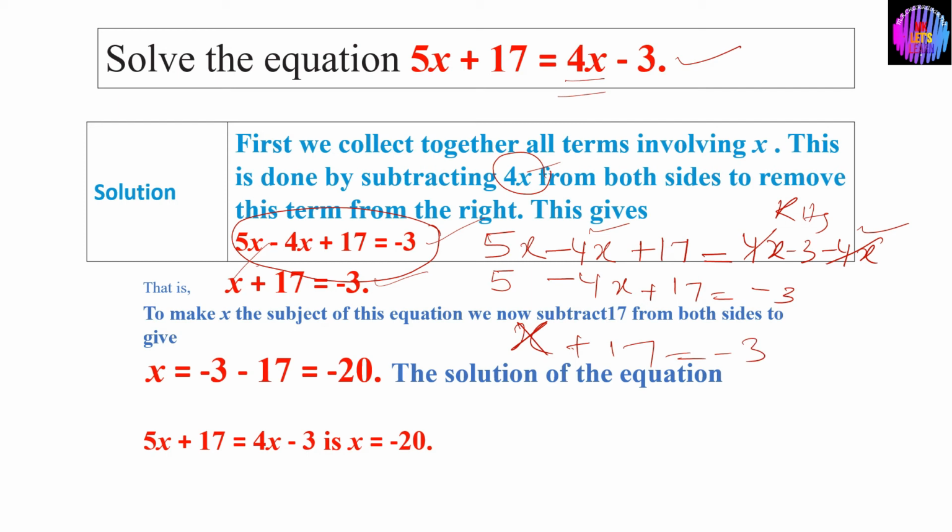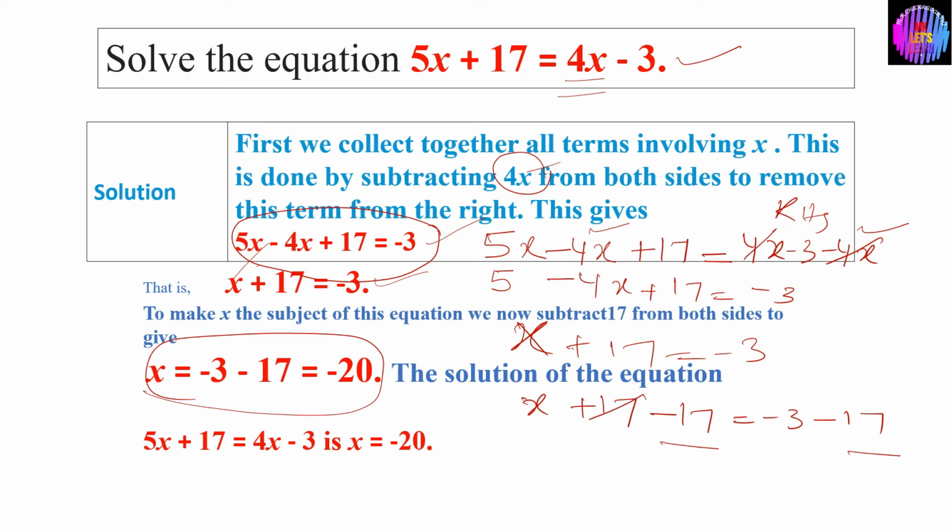To make x the subject of this equation, we now subtract 17 from both sides to give x plus 17 minus 17 is equal to minus 3 minus 17.